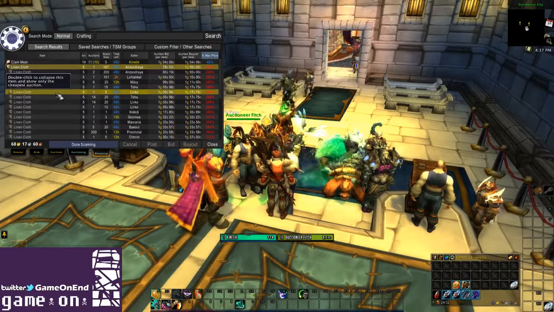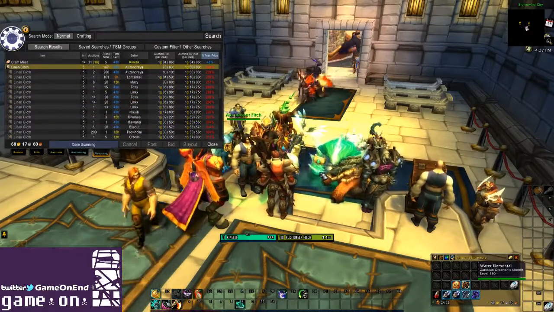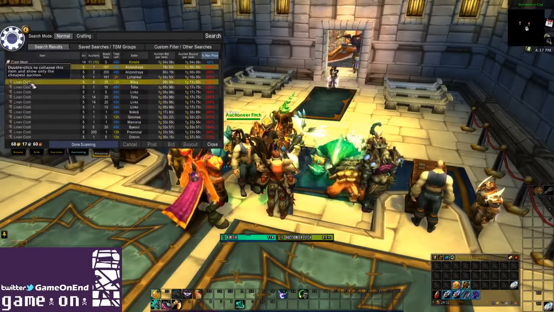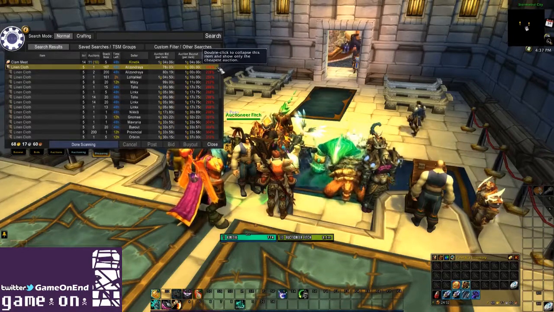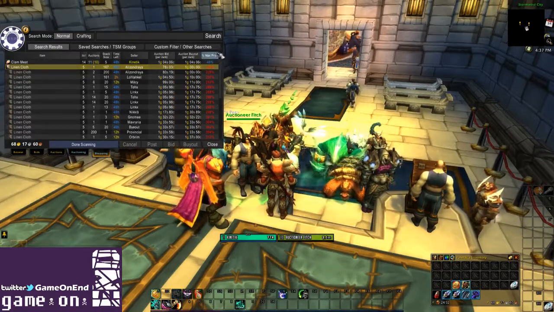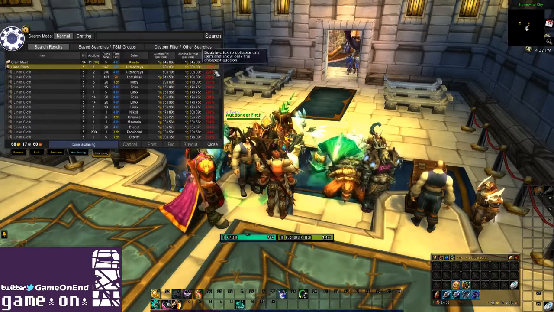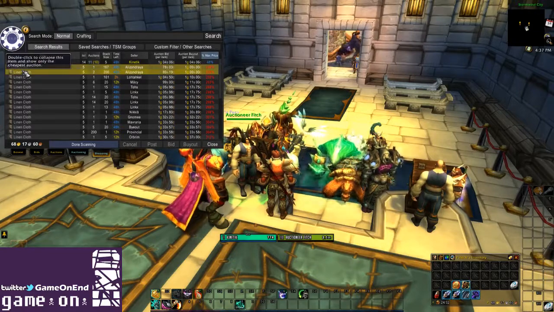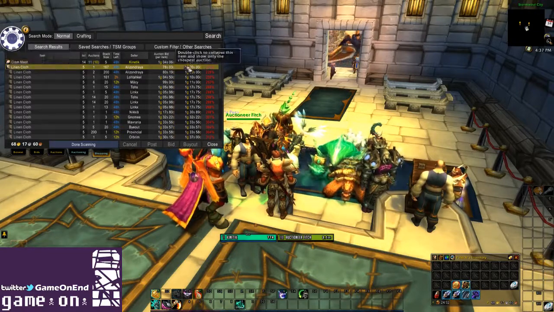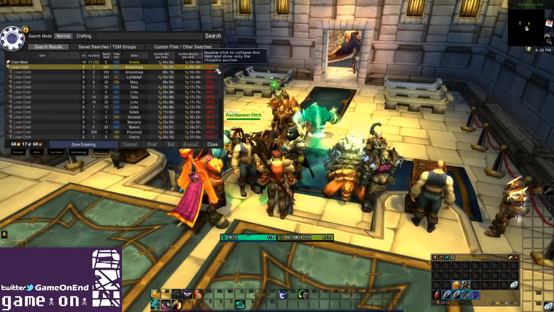Because we've checked the box that says show items above our shopping price, we can now see all of the linen cloth that's posted on the auction house, and we can see what percentage it is of our maximum price. Right now, the cheapest auctions up for linen cloth are 228% of our maximum price.